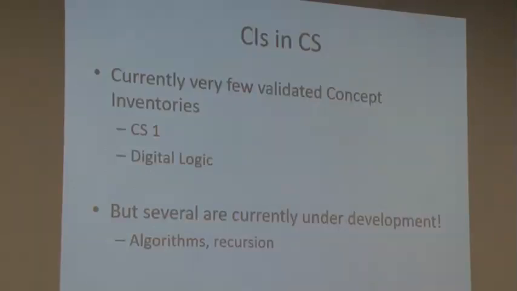So there's very few concept inventories that have actually been rigorously validated through the interview and statistic process. But a bunch of them are currently under development. There's one for algorithms that's currently being developed. There's one for recursion. And then we are currently developing one for computer science, for CS2.